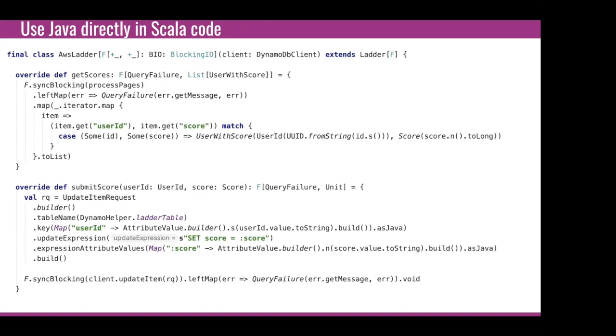First of all, you should notice that when using Java directly in Scala code, you need to take care of encoding and decoding case classes or data structures you want to store in the database. Here we iterate over our result and use pattern matching to do this. The second thing you should take care of is this process pages, the pagination actually.